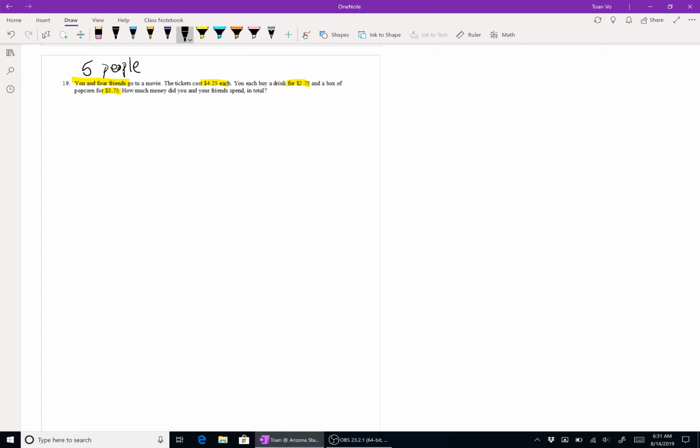So every single person is going to spend $4.25 for a ticket, plus $2.75 for a drink, plus $3.75 for a box of popcorn. So this is the amount of money every single person spends. So we have more than one people. We have 5 people in total, so you have to multiply everything by 5.